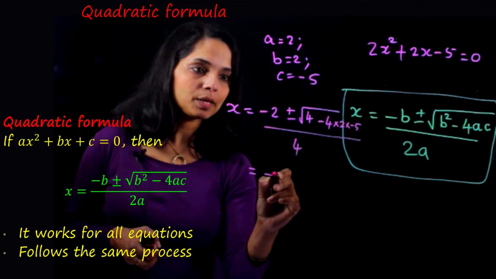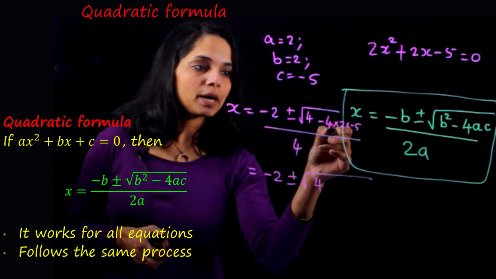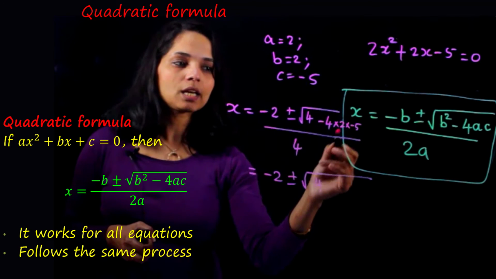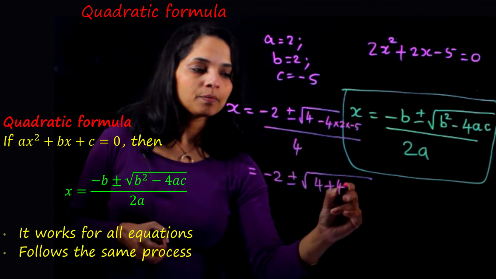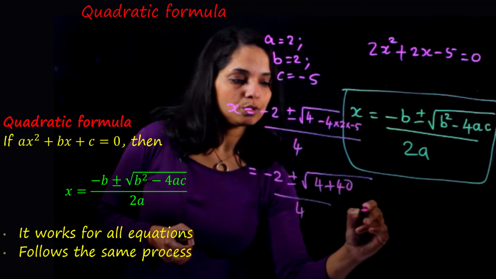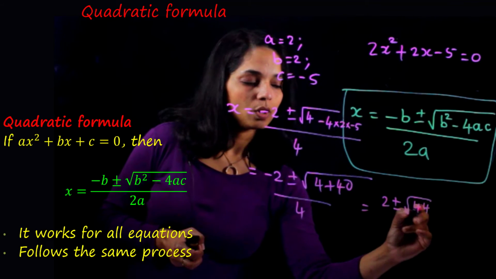So that's minus 2 plus or minus the square root of 4 minus 4 times minus 5, 20 times 2, it's 40, divided by 4, and the solutions are minus 2 plus or minus root 44 over 4.